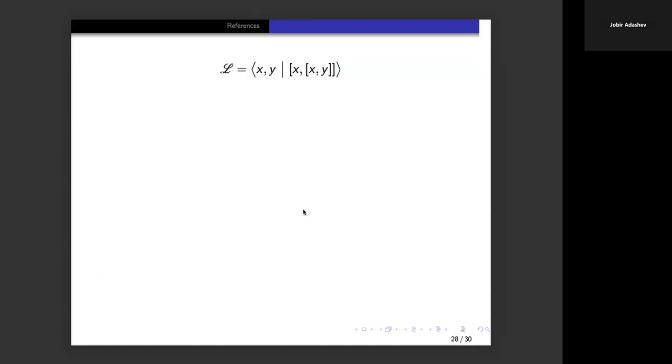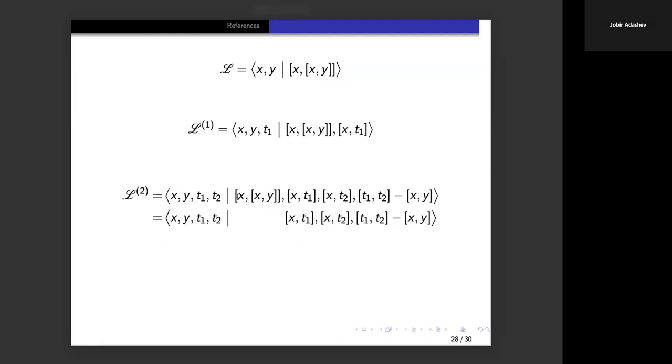So to recap the proof, we started with this non-quadratic algebra. We defined this new Lie algebra where the degree-free relation survives. And finally, we add another generator and some other relations.